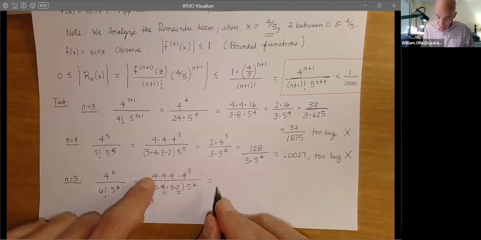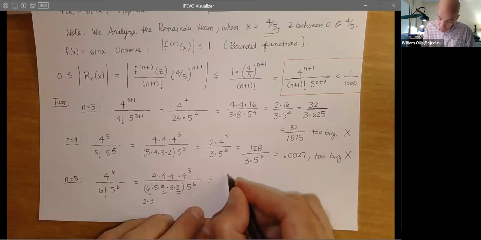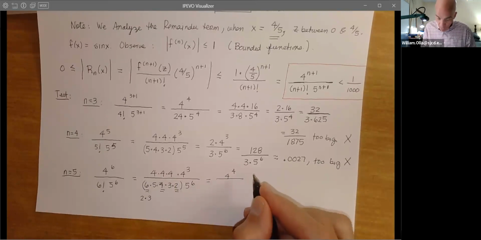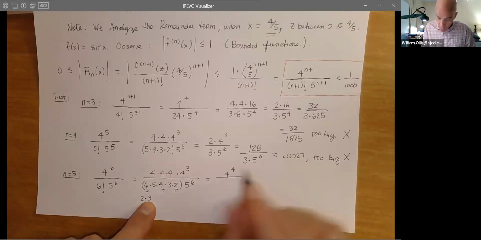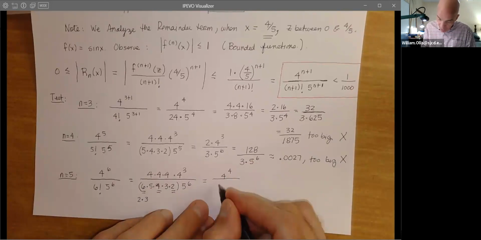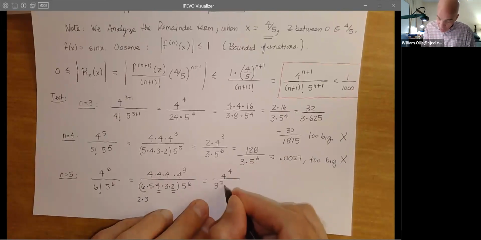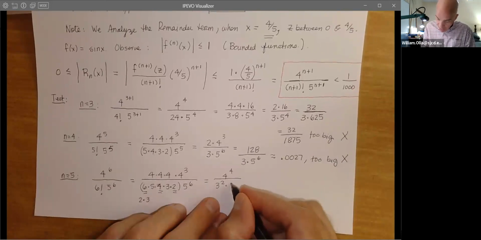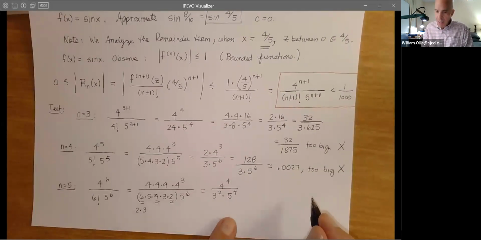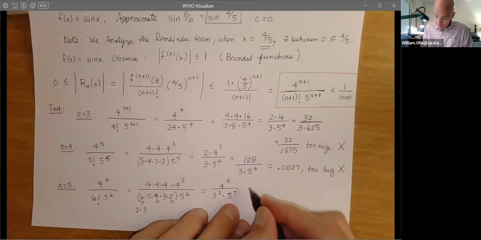That 16's gone, but it leaves the 4 behind. So we get 4 to the 4. And then we're left with the 3, 2 copies of 3, and the 5. So we got 3 squared, and then a 5 to the 7. So now we've got 5 to the 7 here times a 9.